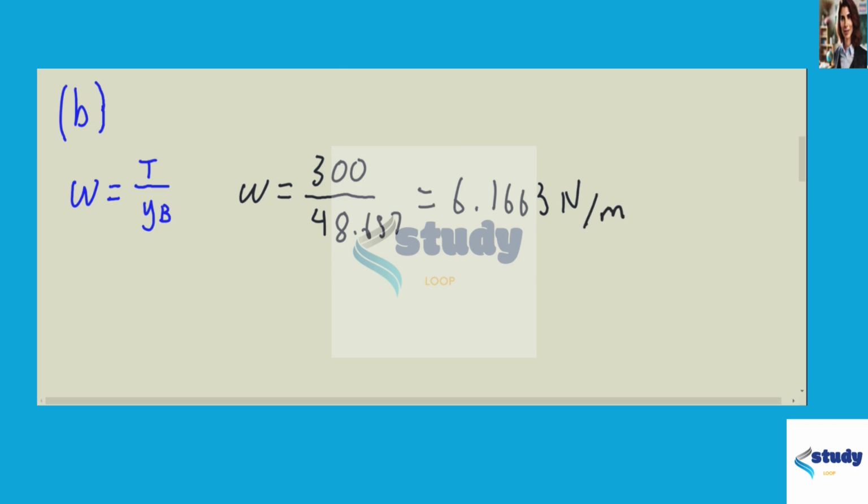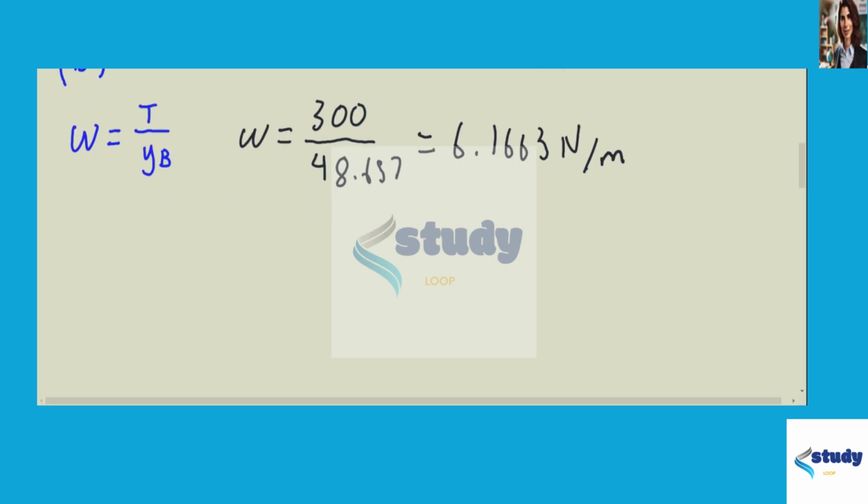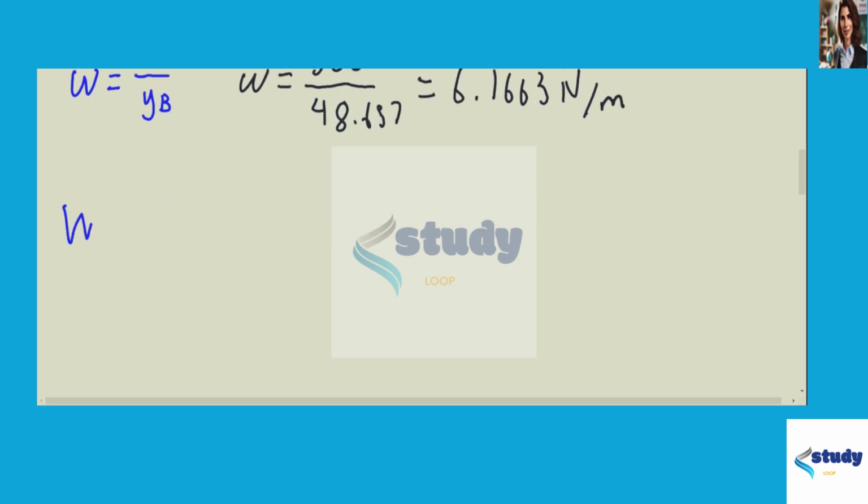And so to find the total weight of the cable, we can take this value here and multiply by the given length of 90 meters of the cable. So the total weight is equal to the weight per unit meter times the length.